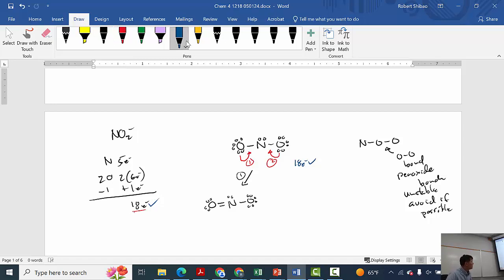And so I have something like this. So when I look at this, I have an octet, I have an octet, and I have an octet. And so the octet rule is good. The next thing I look at is formal charge.